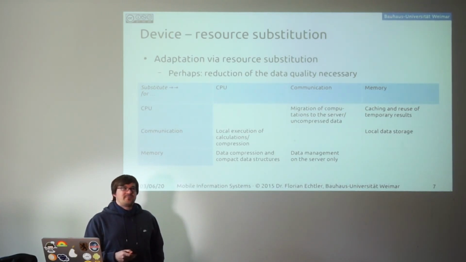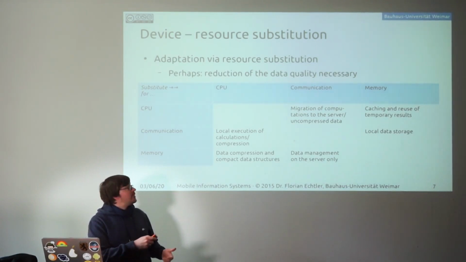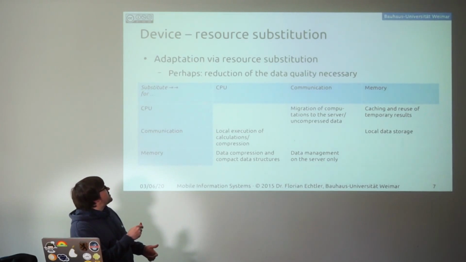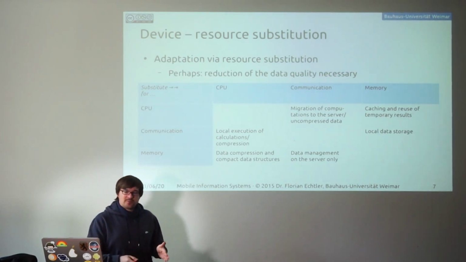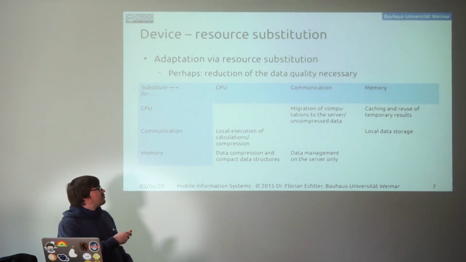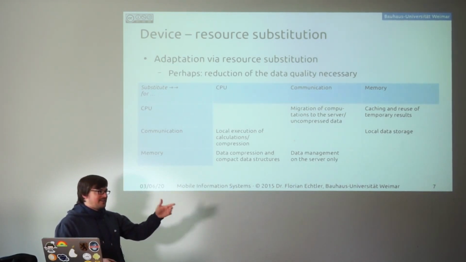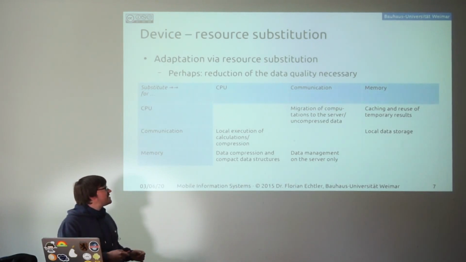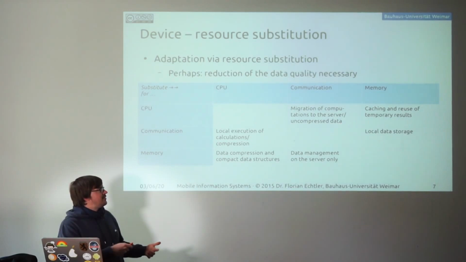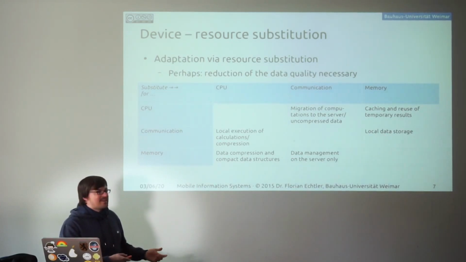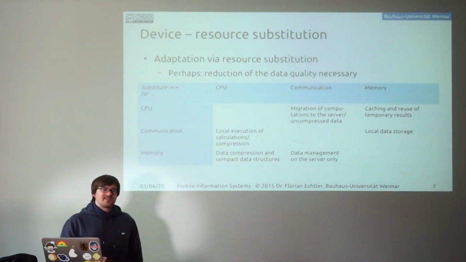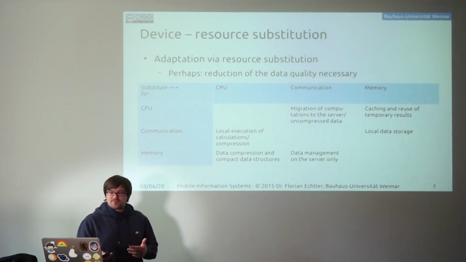So, for example, if you have a limited amount of data on your plan, so you want to keep communication low, then you could, for example, do compression with a compression proxy and decompress it again on your mobile device. Then you need more CPU power, but you transfer less data. Or you have enough memory, then you can just cache a lot of things on your mobile device and don't have to transfer data.